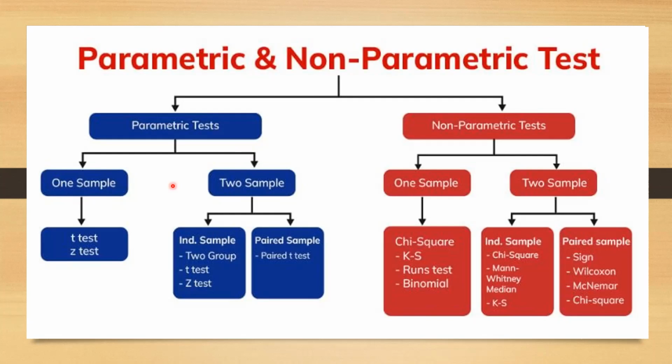Now, the next type of parametric test is the 2 sample. When you are dealing with 2 samples, you can have an independent sample, or you can have a dependent sample, the one we call paired sample. I've told you what an independent sample is.